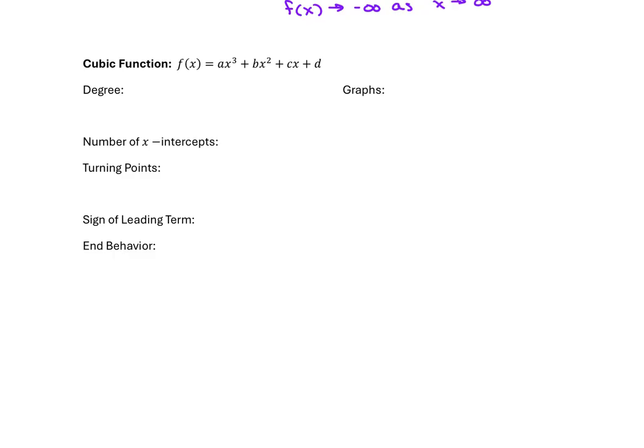All right, so let's see what we have here. We have that our degree is 3. We want to talk about turning points and x-intercepts.